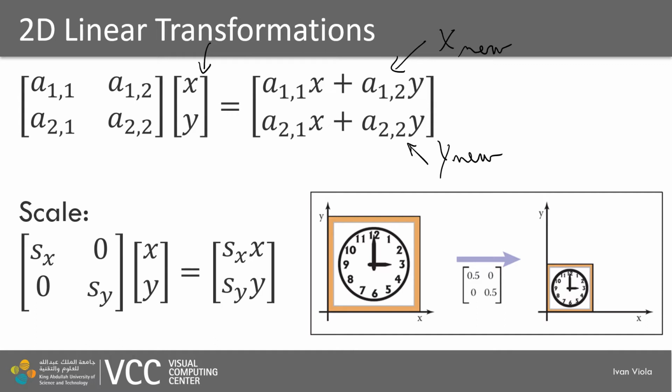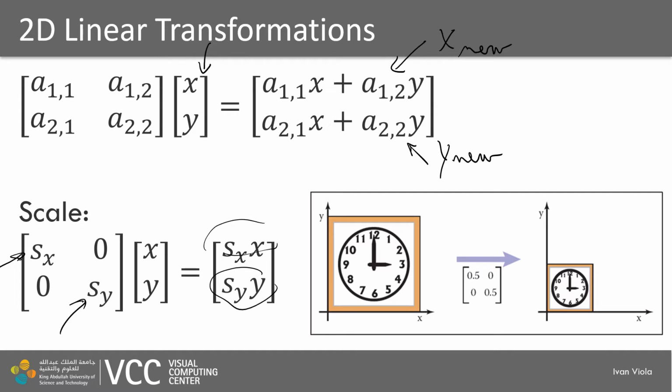What such a matrix does is give us the newly transformed coordinates x and y, which are simply scaled versions of the inputs. As we see, there is an x scaling factor and a y scaling factor, so these two coordinates will be scaled independently from each other.